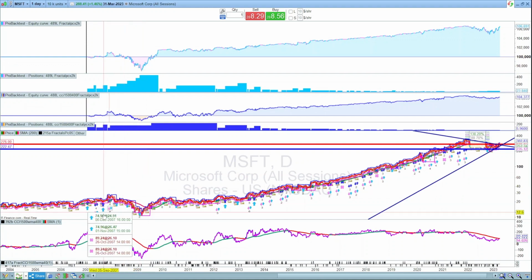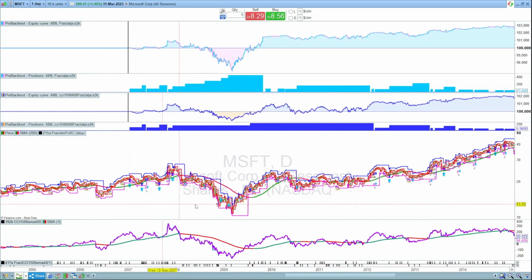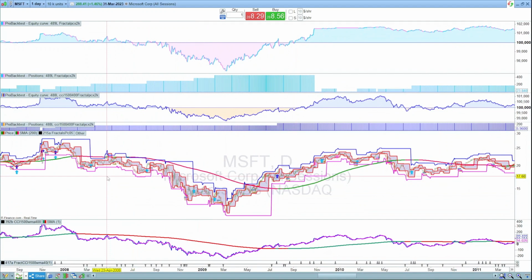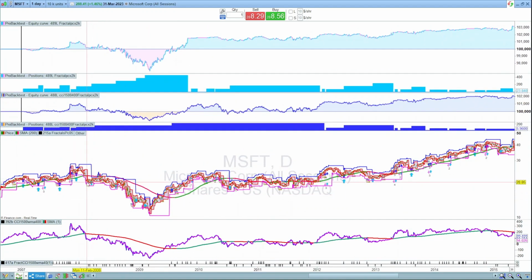But again, remember, in that period, I'll just drill down there. You can see here, if you were trading Microsoft during that period, you would have received a few dividends. There's a dividend there, another one there, and another one there, and another one there. So you would have been receiving dividends.